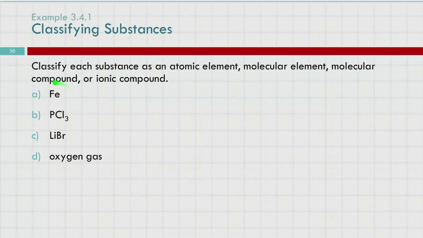Okay, so looking at what we've got here, we've got Fe. What is Fe? It's an element. It's just one chemical symbol, right? So we know that it's an element. Is Fe atomic or molecular? Does it exist as one atom by itself, or is it paired up with another of itself?